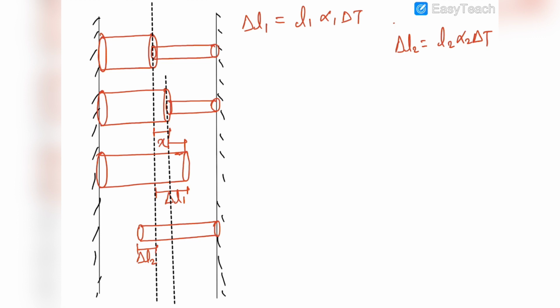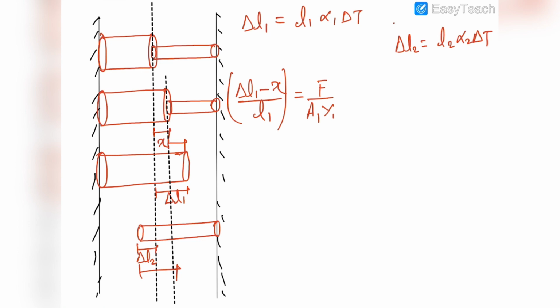So the strain developed in the first rod would be delta L1 minus X divided by the original length L1, and this would be equal to stress, that is F upon A, into Young's modulus, which is gamma 1. And similarly the strain developed in this rod will be the restricted length upon the original length.